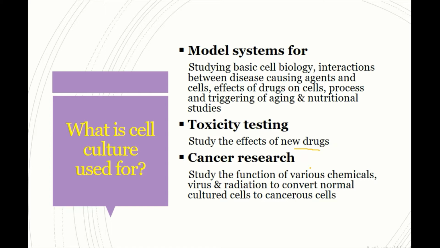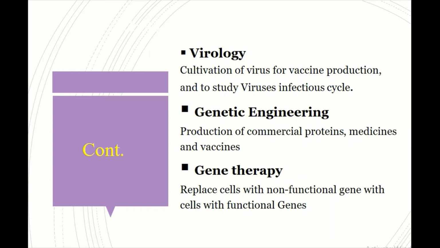In cancer research, you can manipulate cells, make them cancerous using viruses or radiation, so that you can understand the mechanisms of cancerous cells and also probably the effects of medication and radiotherapy on cancer cells, among others.